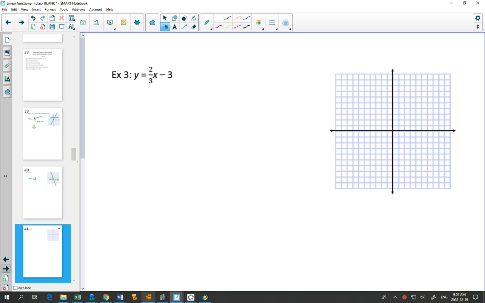With a fraction, does that make it harder? No, it actually doesn't. We still start off with our y-intercept, in this case at 0, -3. Now our slope is 2/3. We don't have to change it into a fraction because it already is one. Our rise is 2, our run is 3.